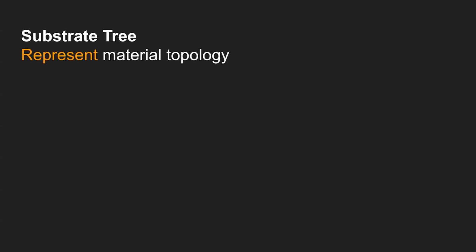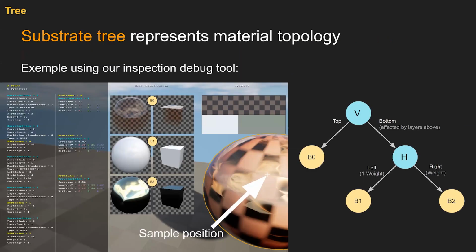So how do we represent such complex adjustment or composition of slabs? If you look at this slide, you can see a sphere which has at the bottom a white plastic that is horizontally mixed with gold, anisotropic gold, and on top of it there's a red gel.